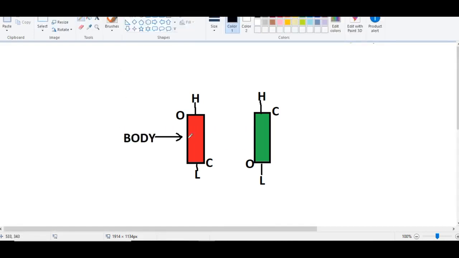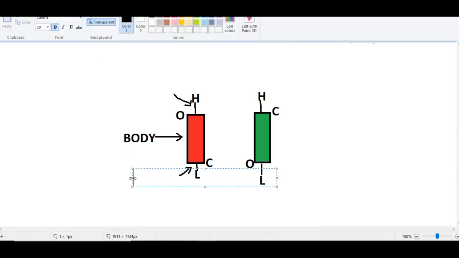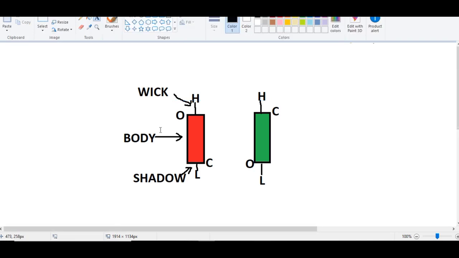And these lines that you see are known as wicks, or you can call it the shadow. Okay, you can either call it a wick or a shadow. So this is basically the breakup of a candlestick. The big colored portion is a body, and the lines that you see on the candlestick are the shadow or the wick, for a green candle or a red candle.